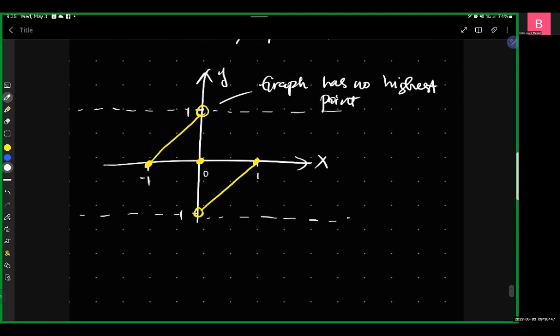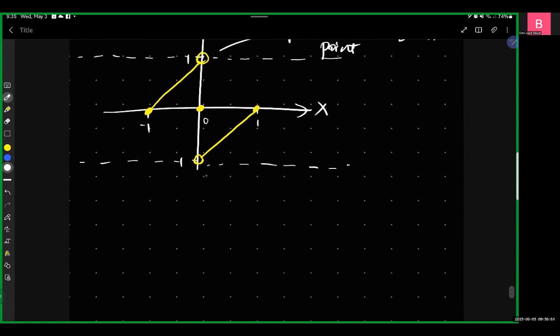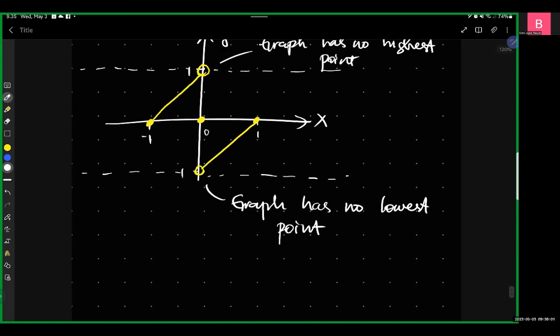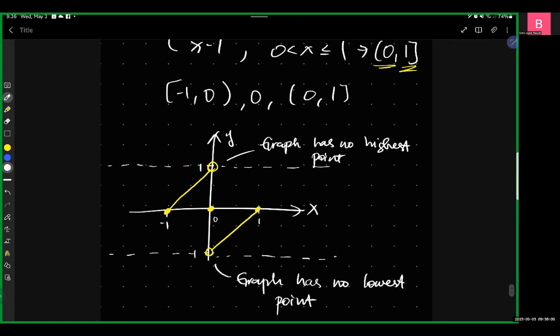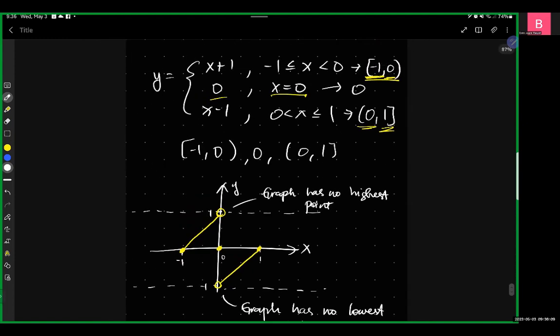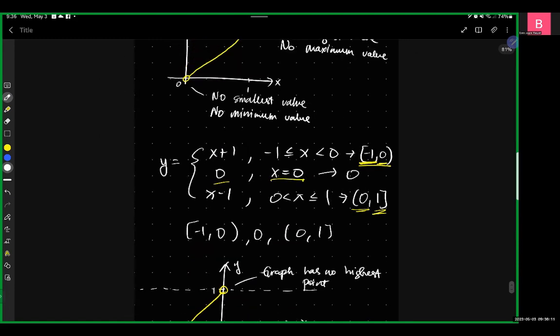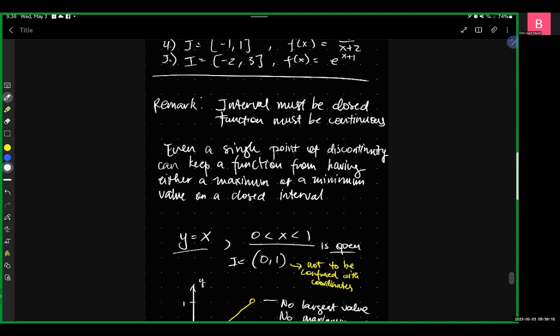And then, when we're looking for the minimum, we can say that the graph has no lowest point. Or as we can say, the graph has no maximum value and no minimum value. So, what are these saying? They are saying again that it is important to check whether the interval is closed or open.